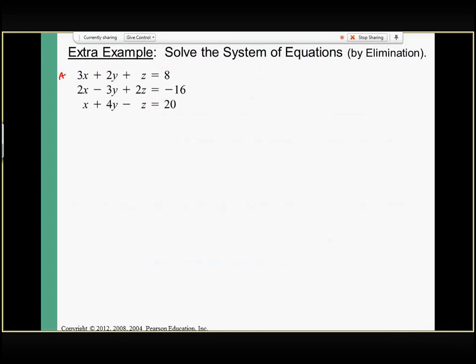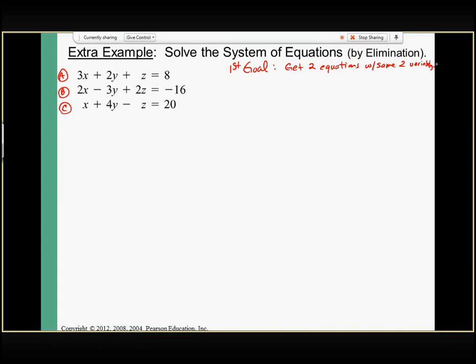I like to call my equations A, B, and C, so when I refer to them, it's a little bit easier. Our first goal is to get 2 equations with the same 2 variables.